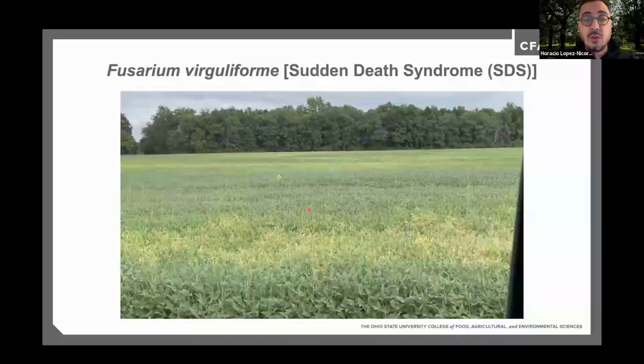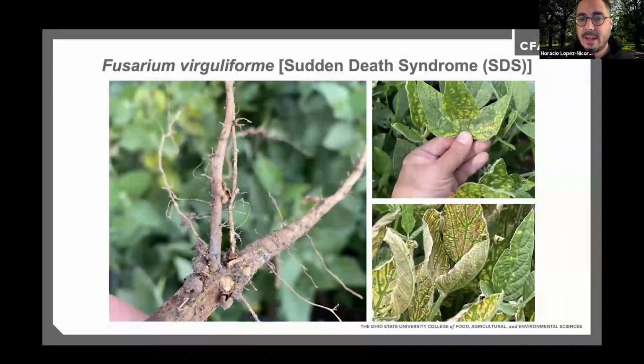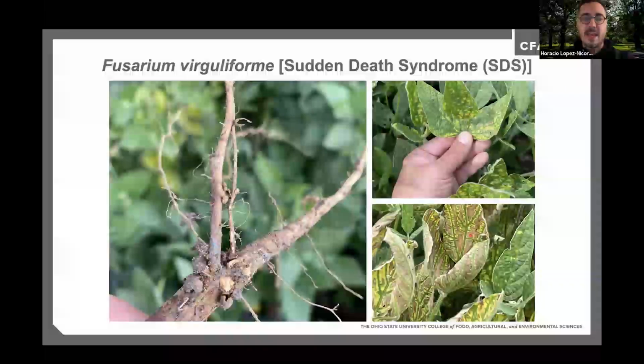So there are actually two big stresses happening to the plant: in the root system, where the fungus is rotting the root system, and on the above-ground part, where the fungus is sending toxin to defoliate the plants, essentially sending a herbicide up there, right? Because we won't find the fungus in the foliage. And this is a typical symptom of SDS, green veins, and in between the tissue is dying or very yellow.